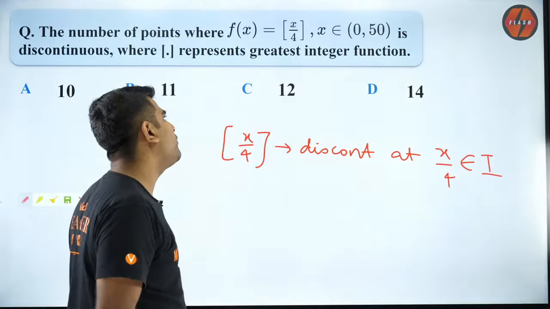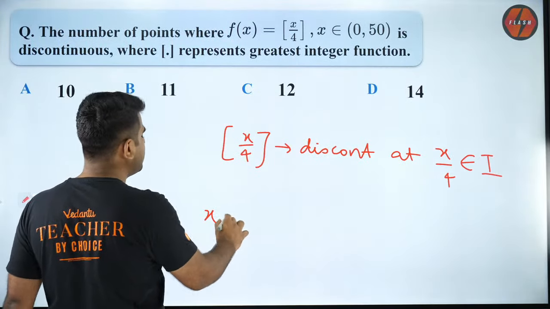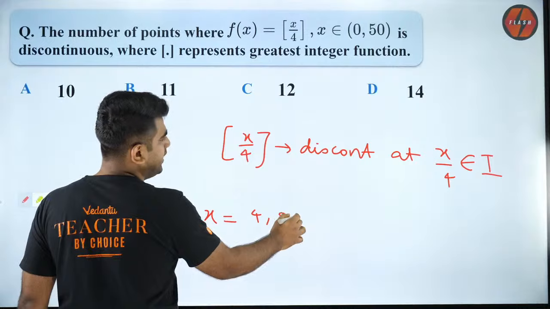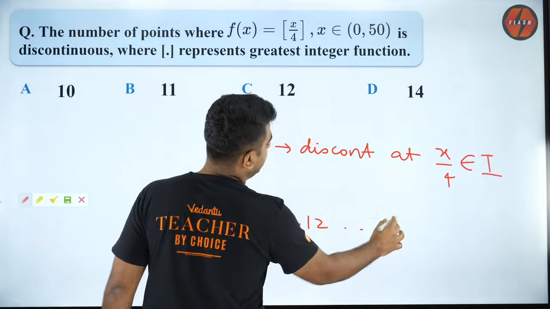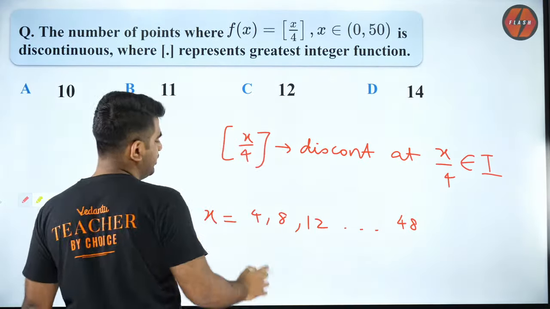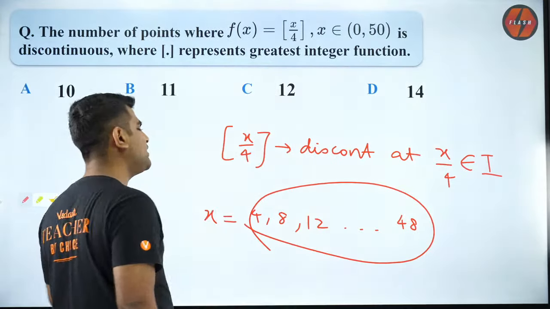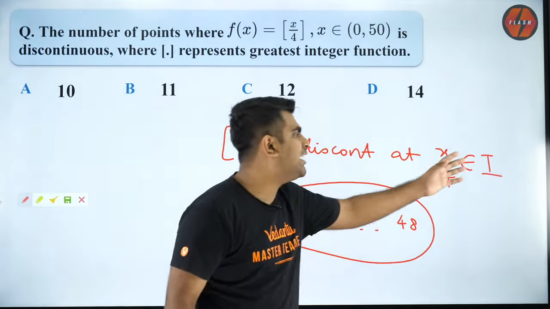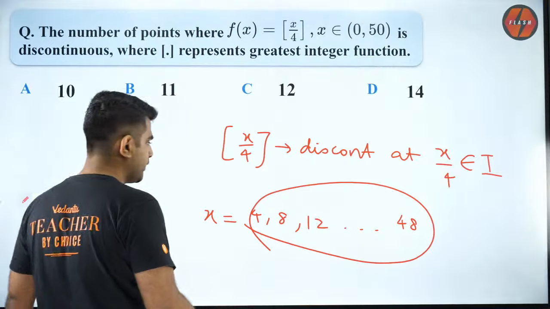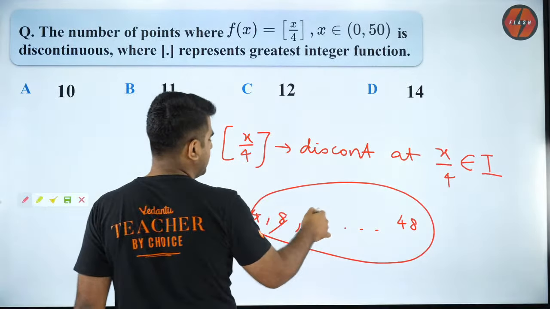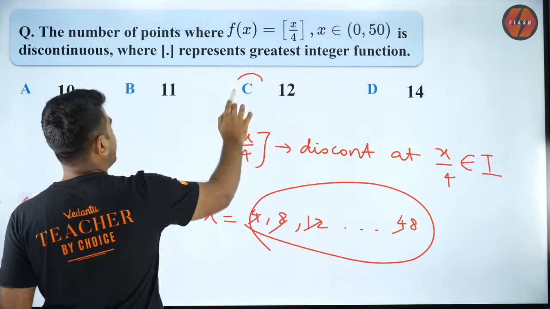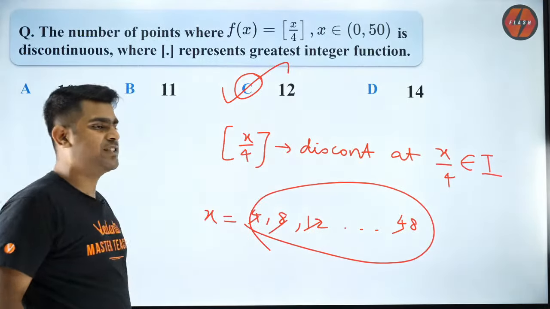So when will x by 4 belong to integers? When x is 4, 8, 12 till 48. So these are the values of x for which x by 4 will be an integer. There are totally 12 values of x. So that is why option C is correct.